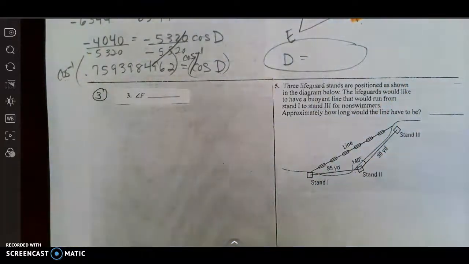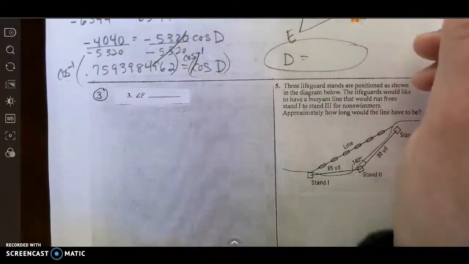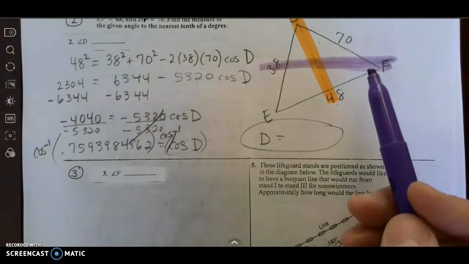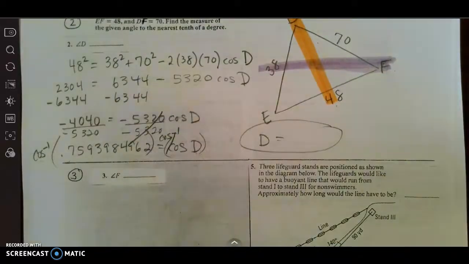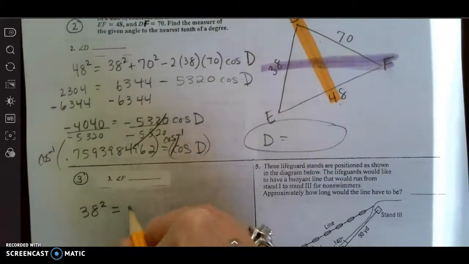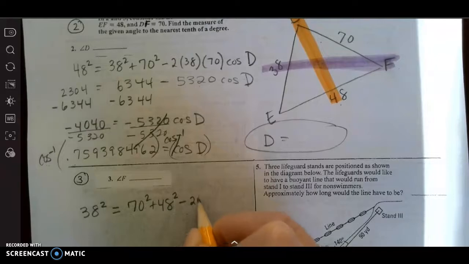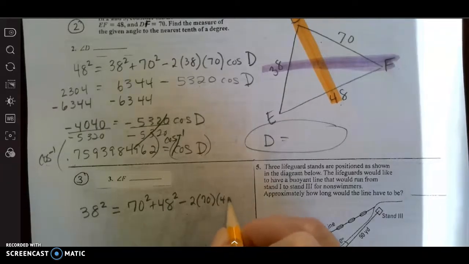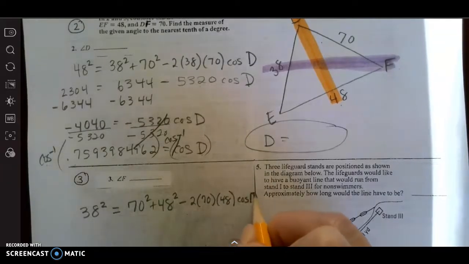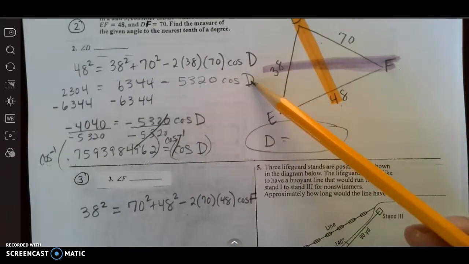You're going to use the same triangle, except this time you're going to be looking for angle F. So in my picture, since I'm looking for angle F, I'm going to start off with that 38 squared equals the 70 squared plus the 48 squared minus 2 times 70 times 48 times the cosine of F. And then it's the same process as we did in number 2.